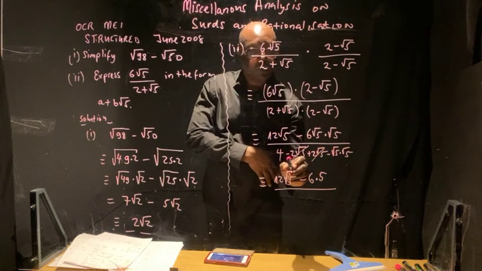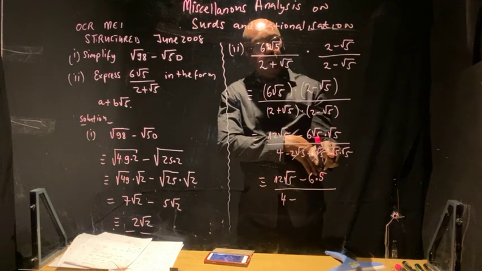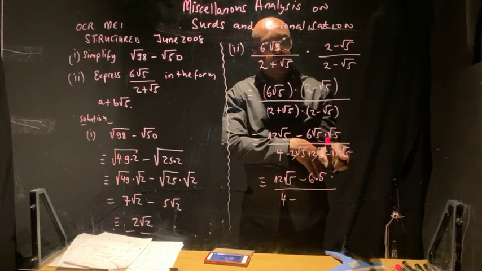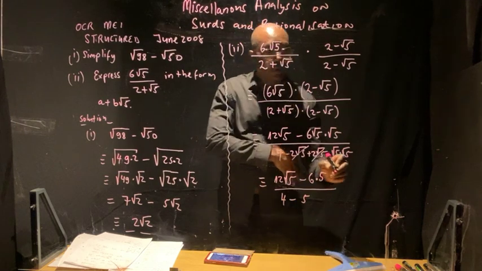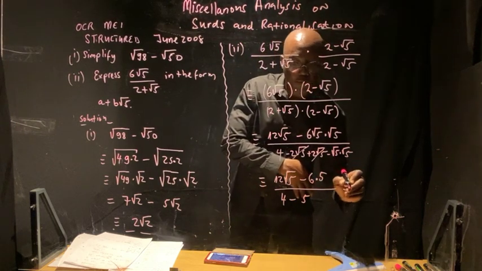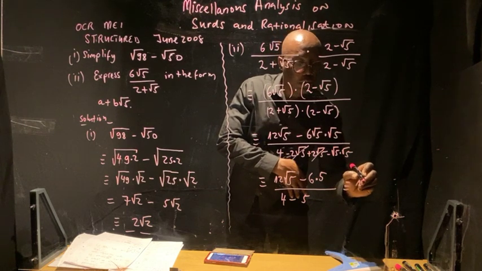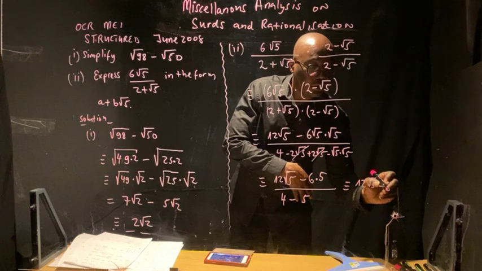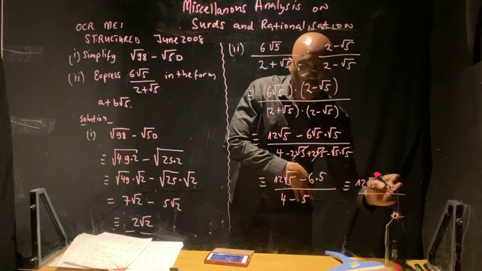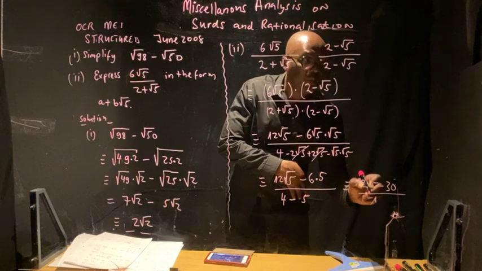We are left with 4 minus root 5 multiplied by root 5, which is equal to 5. So we have 12 root 5 minus 30 all over 4 minus 5, which is equal to minus 1.